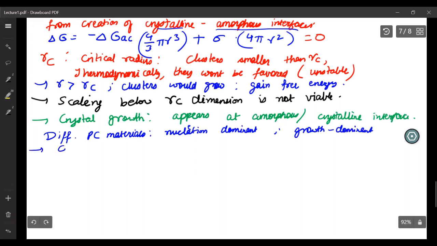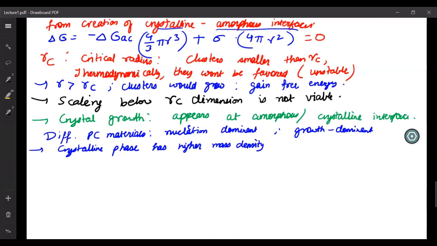Your crystalline phase has a higher mass density. So if you're looking at these materials using XRD or something, they will appear like dark spots. Any tool which shows you the mass density of these materials will show the crystalline phase to have a higher mass density.